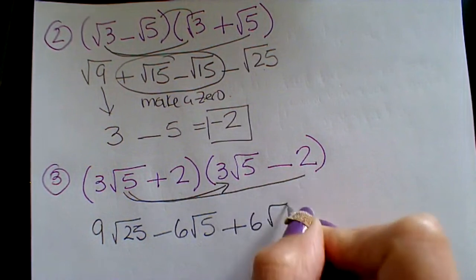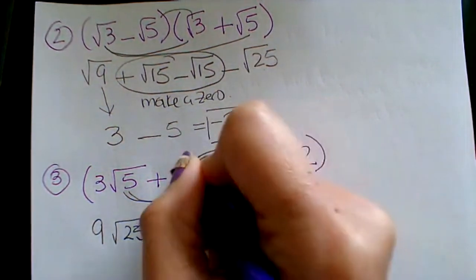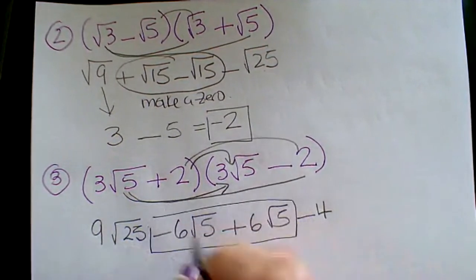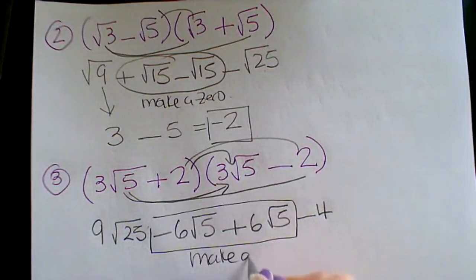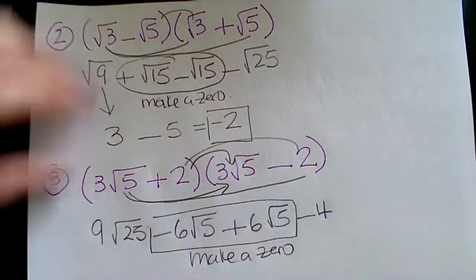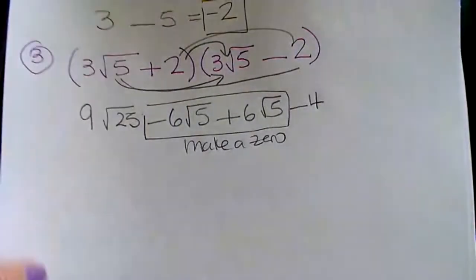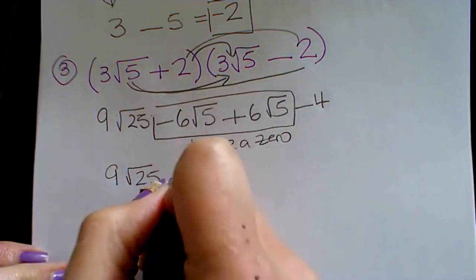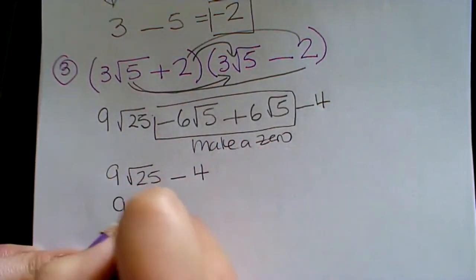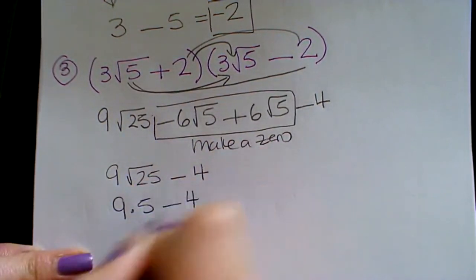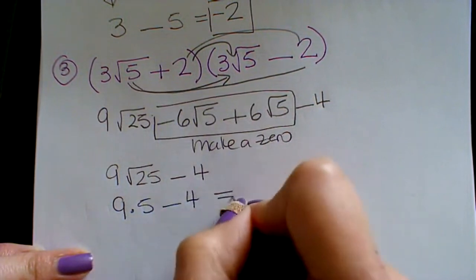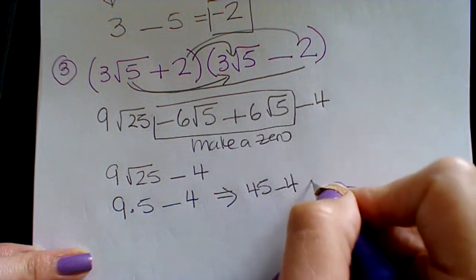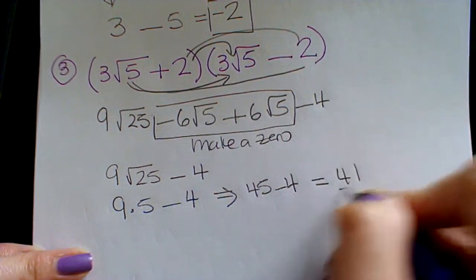Positive 6 square root of 5. I'm multiplying these two. And negative 4. Again, we make a 0. And what do we have? We have a 9 square root of 25 minus 4. 9 times 5 minus 4. This is equal to 45 minus 4, which is 41.